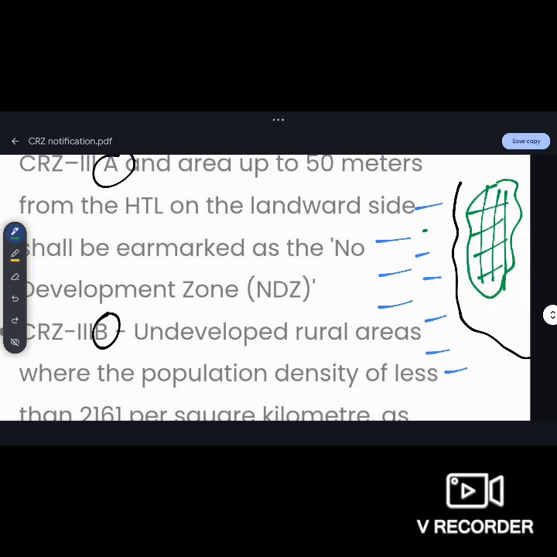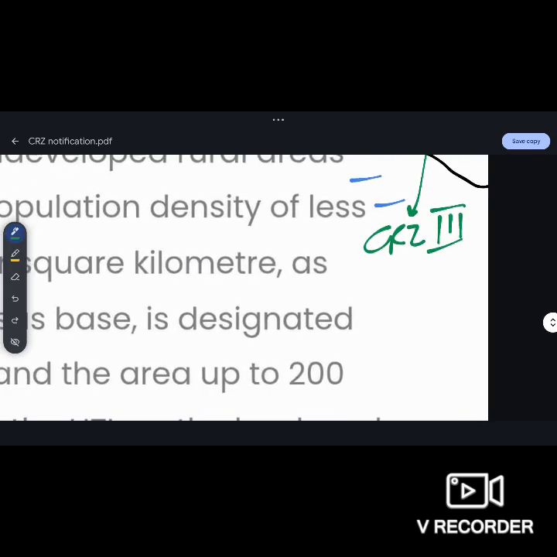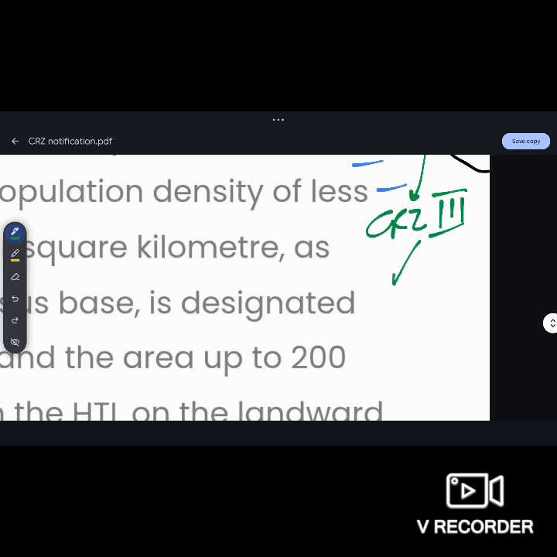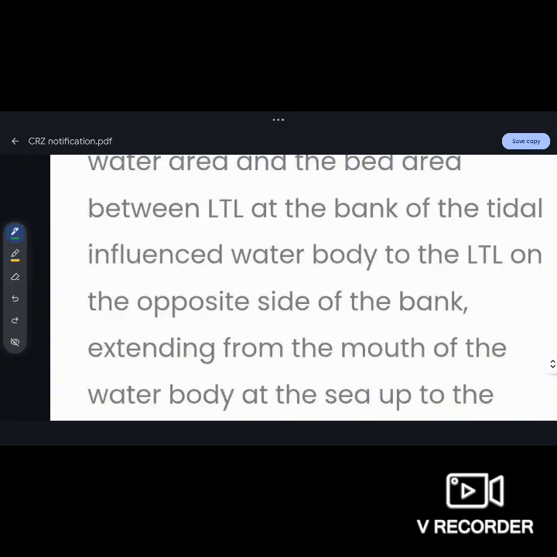This area may also share its border with the sea. This type of area with low population density, which is not very urban in nature, comes under the CRZ 3 category. Now, based on population density, this CRZ 3 has also been subcategorized into two parts, A and B. We will see it in this diagram.